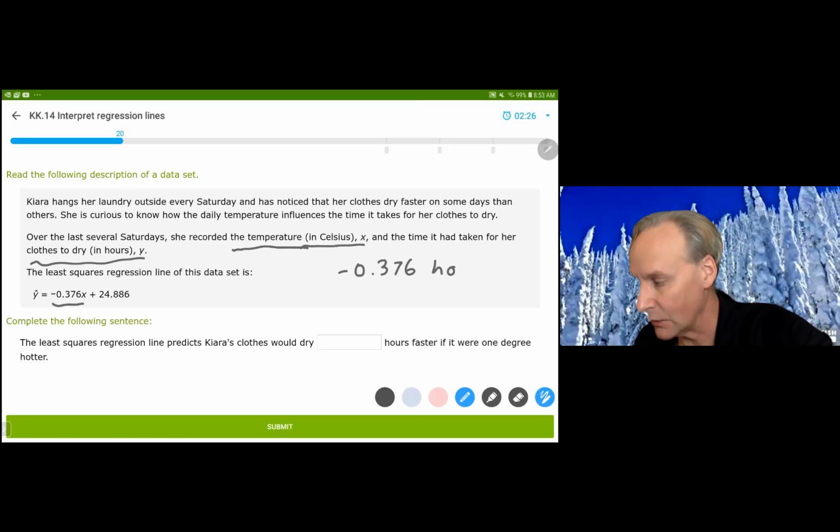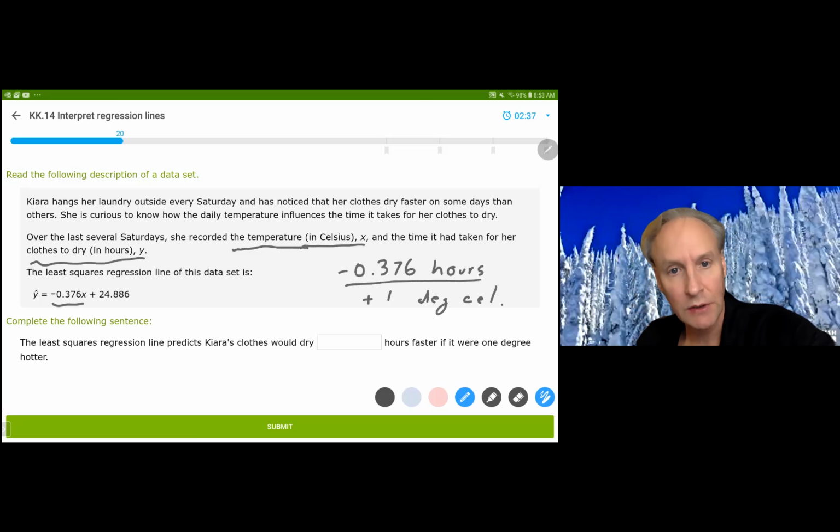So this is in hours, and it's always over 1 degree Celsius. So for each degree Celsius the temperature goes up, we expect it's going to be about a third of an hour, or a little over 20, maybe 22 to 23 minutes less. You could multiply this decimal by 60 minutes and you'd get minutes instead of hours.